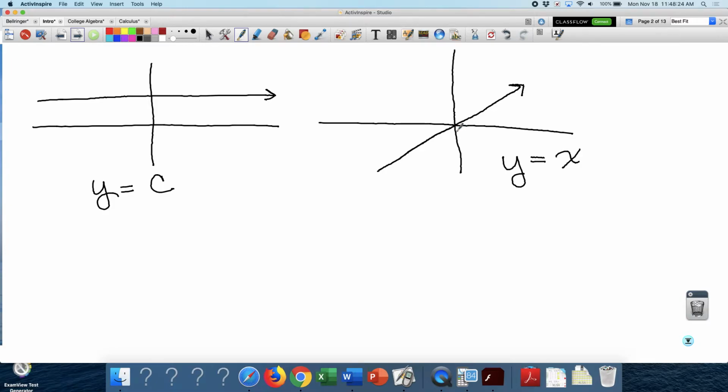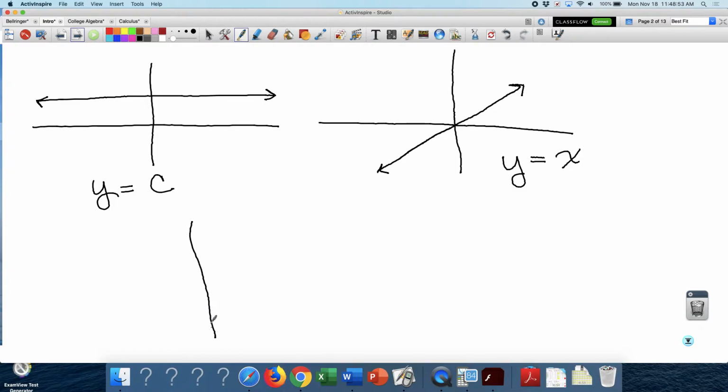What's the y-intercept? 0. So it's y equals x. That's the equation of any diagonal line.